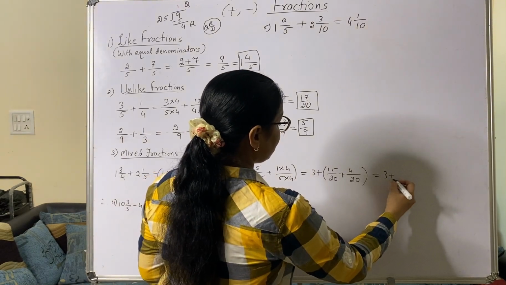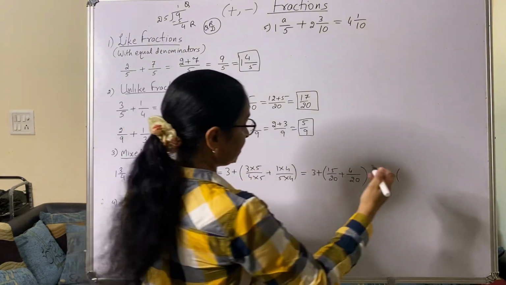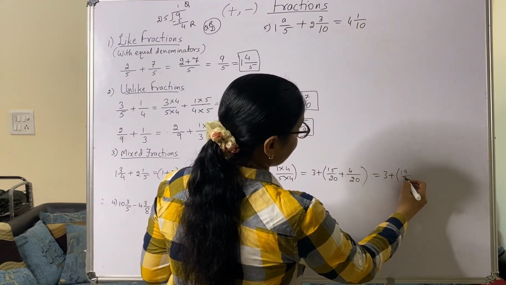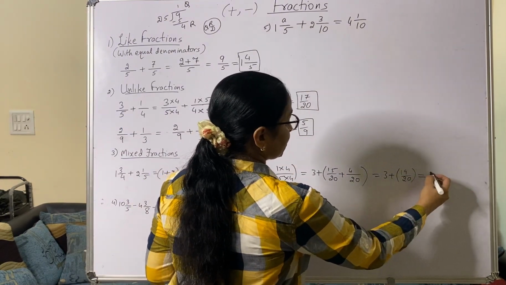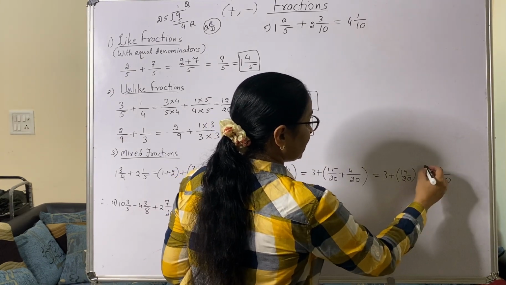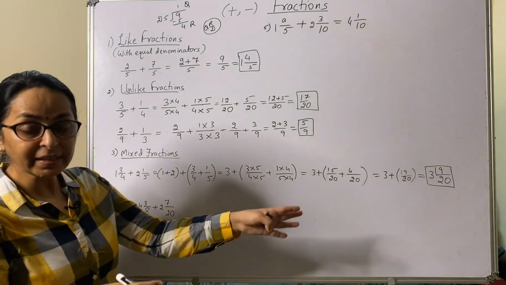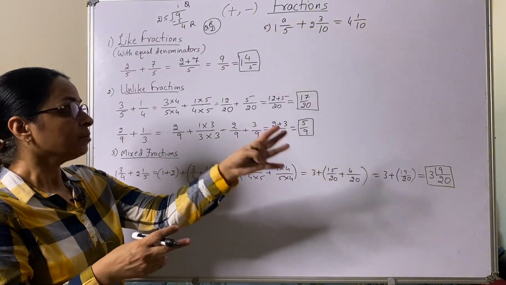Now 3 plus 15 plus 4, which is 19, so it is 19 by 20. So our answer would be 3 19 over 20. Got it? In this way we are directly getting our answer in a mixed number.